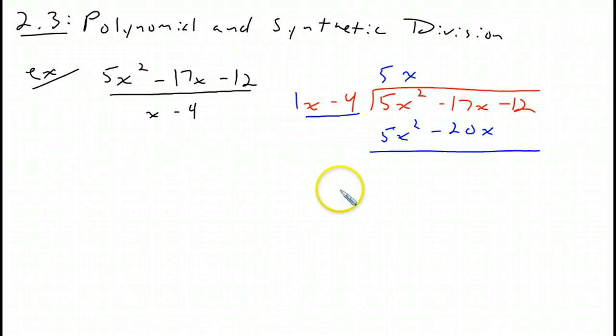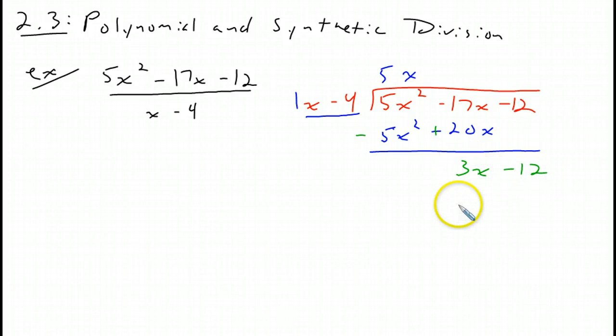Now here's the tricky part. Whenever you get to your next line, didn't we subtract? If I subtract, that changes signs, and if I do minus negative 20, this becomes plus 20. Whenever you do this line, all of your signs are going to change. Then 5x squared minus 5x squared is 0x squared, and I'm left with 3x minus 12.